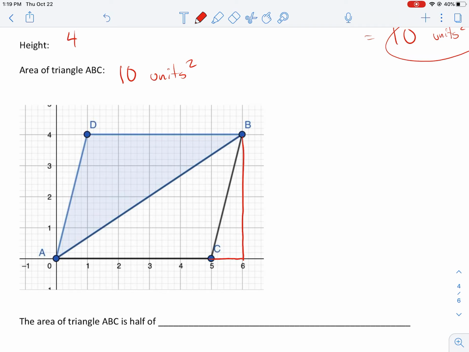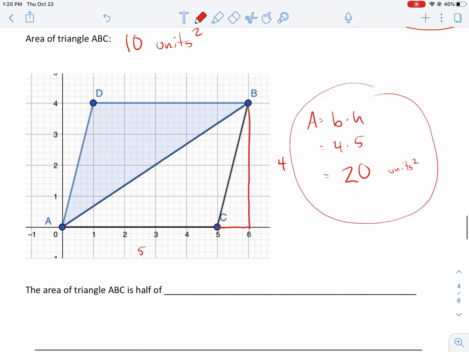All right, so our height of this parallelogram is 4. Our base is 5. And so the area of a parallelogram is base times height. So 4 times 5, which is 20 units squared.